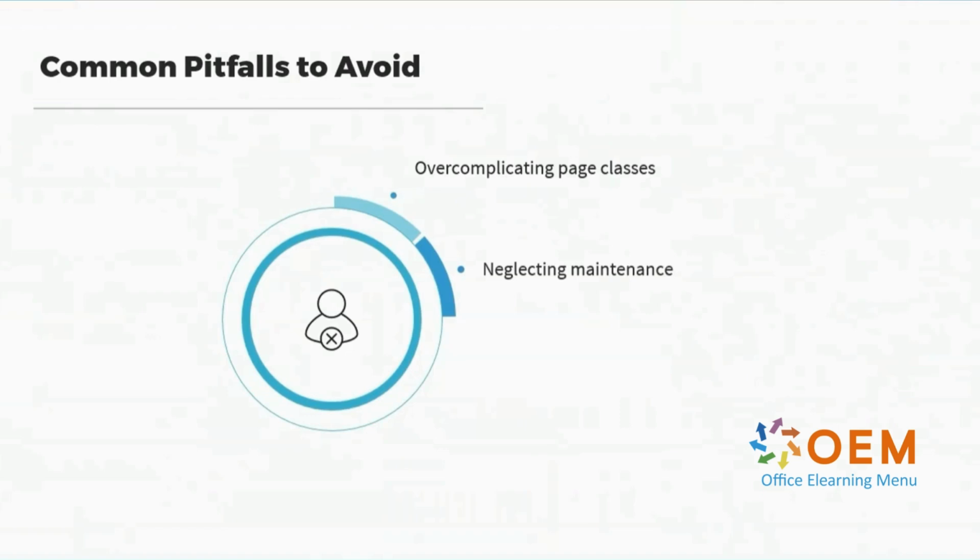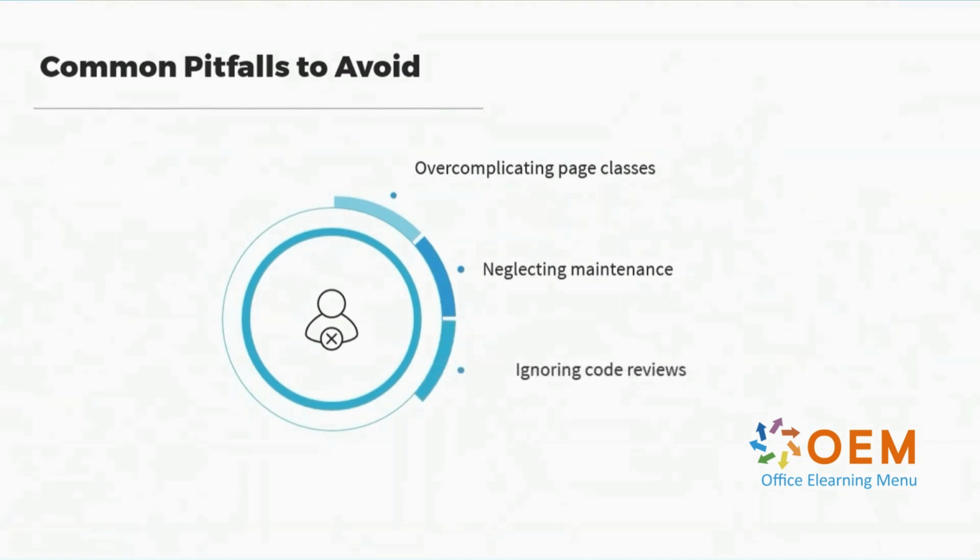We also have to avoid neglecting maintenance, and the best way to avoid that is to regularly update our page classes to reflect any changes in the user interface. Another pitfall to keep in mind is ignoring code reviews. To counter this pitfall, we can simply conduct code reviews to ensure the quality and maintainability of our page classes is always up to date and up to our team standards.